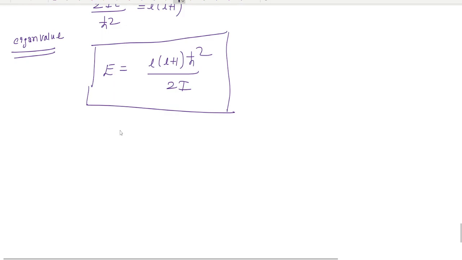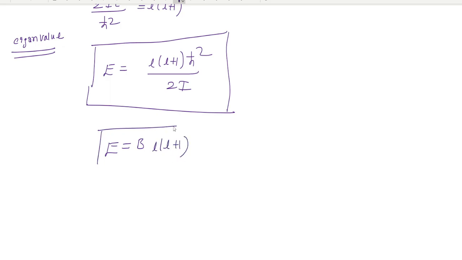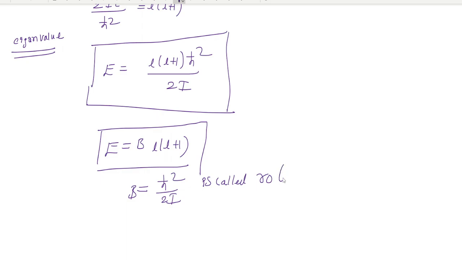If you use this equation like this, B into L into L plus 1, this is what we generally use in textbooks. Here B equal to h cross squared divided by 2I is called the rotational constant.